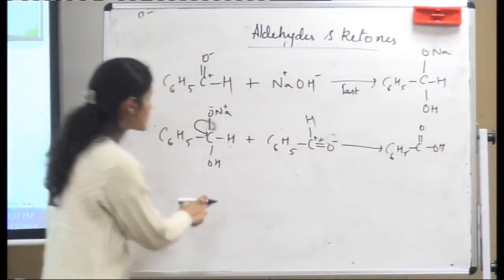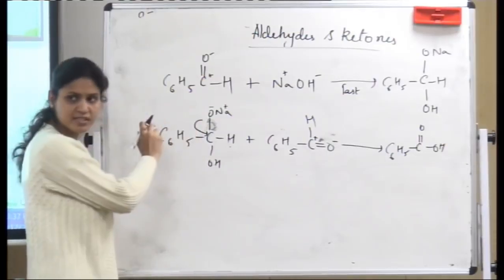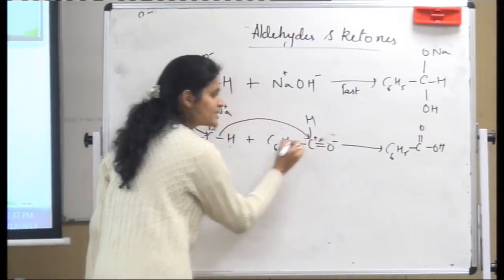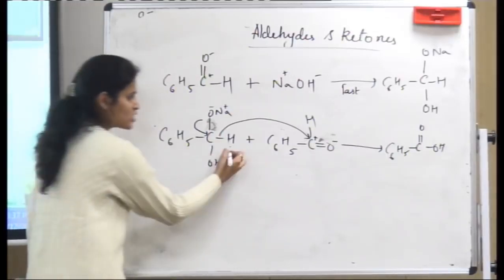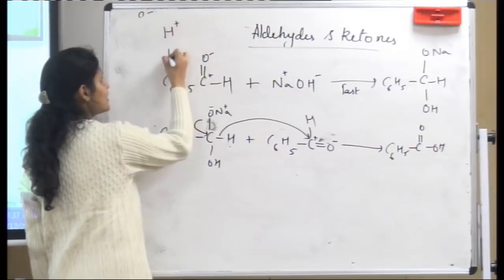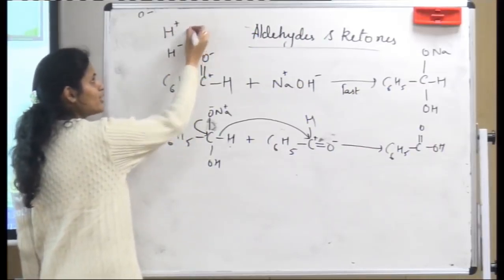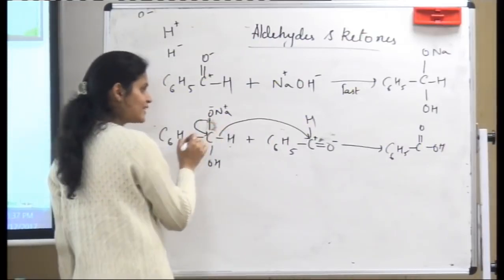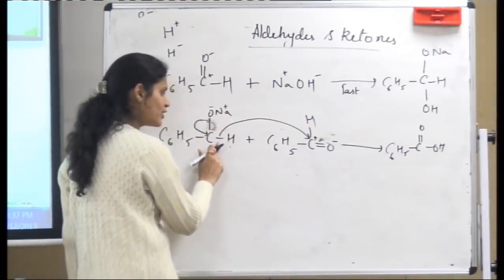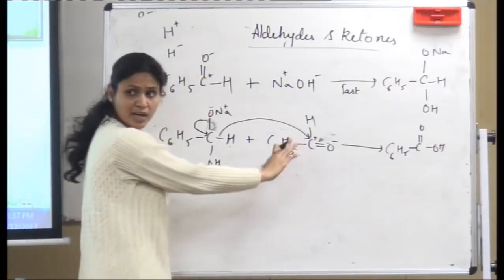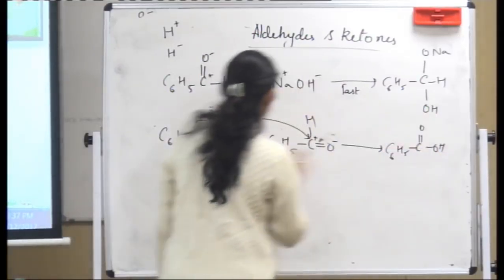If this bond is getting cleaved, then this hydride will go to C plus. This is H minus, right? Hydride. There is a difference between H plus and H minus. This is proton and this is hydride. So this bond will get cleaved and it will transfer hydride to this carbonyl carbon, right?